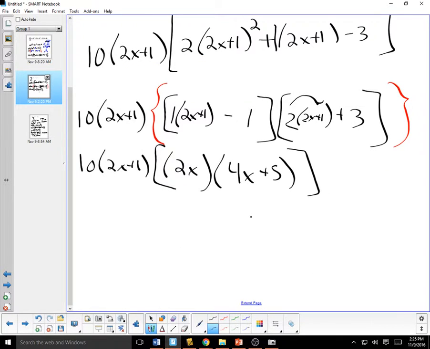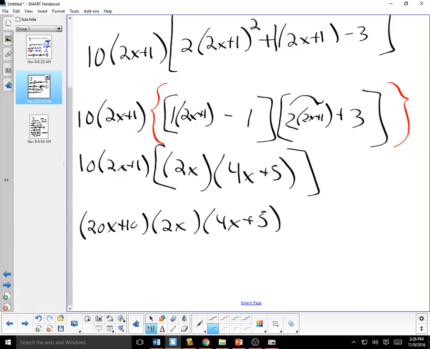Everyone good there? Now, this is also just an item as well. So what I'm going to do is go ahead and expand this, because I don't really want this 2x by itself. So this outside part is going to become 20x plus 10 times 2x times 4x plus 5.